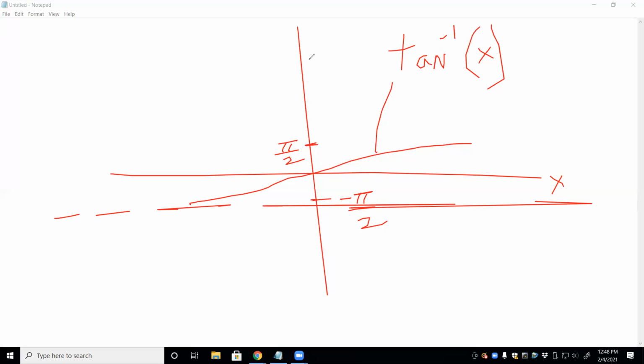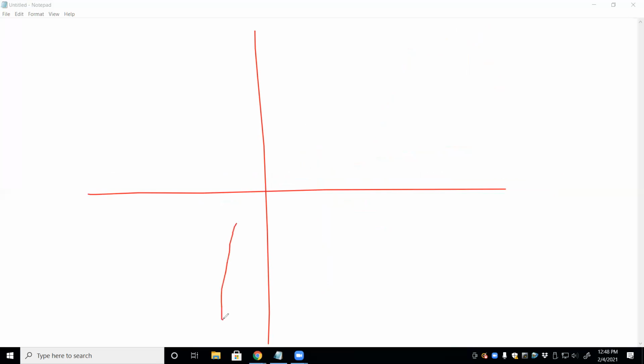Now, did I draw that curve properly? Well, let's find out. The way you draw an inverse curve is you draw the line y equals x, and then you reflect your curve about that.